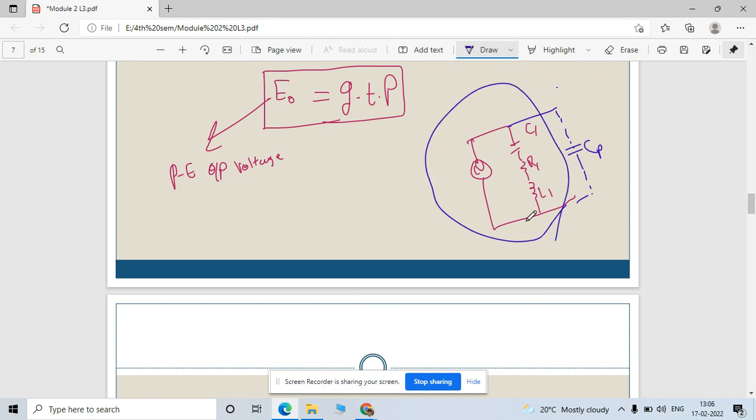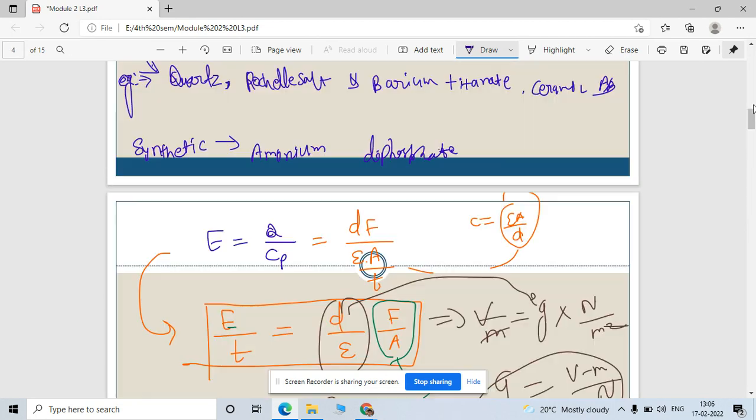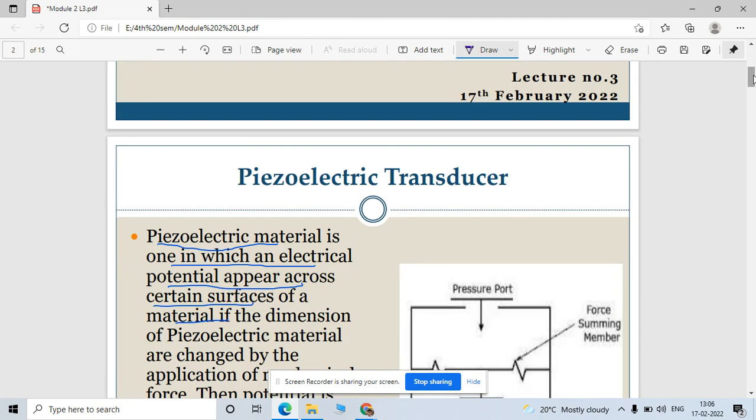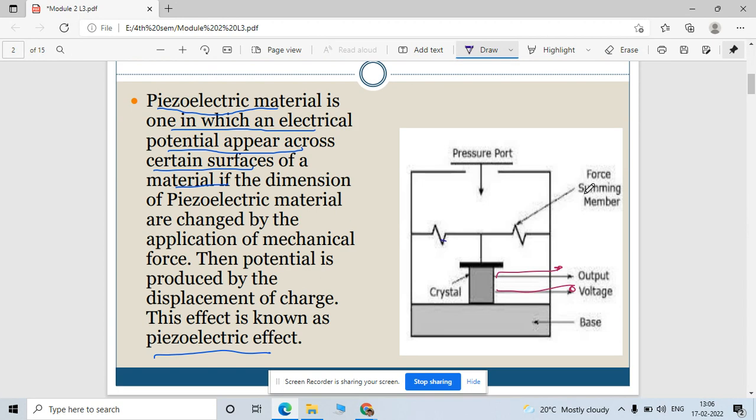So this is your CP. Actually, this circuit, this parameter is because of this arrangement, okay.